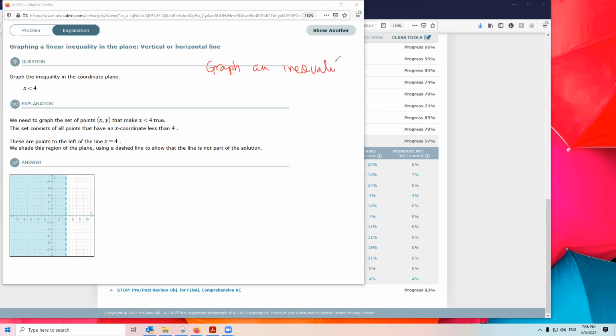So in this case, they want us to graph x less than 4. Step one is I'm going to graph the equation x equals 4. Now, I know this problem really is asking me to graph x less than 4, but the first step is going to ask us to graph the equation x equals 4.